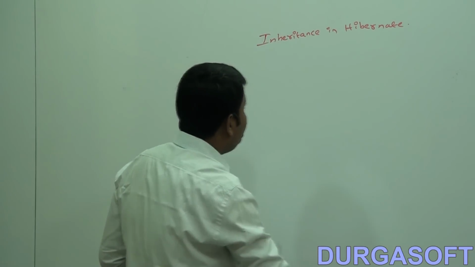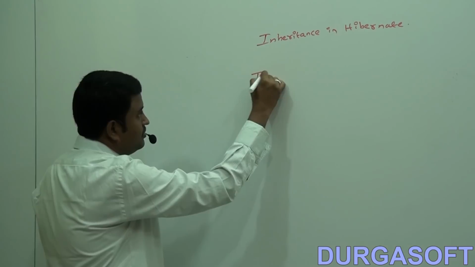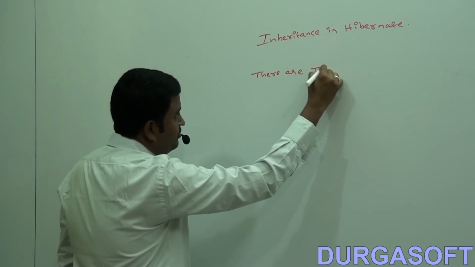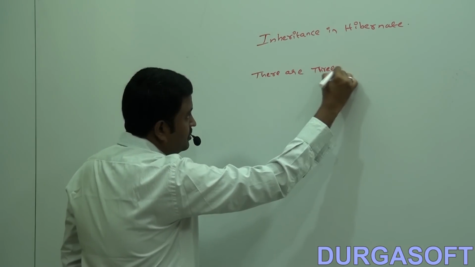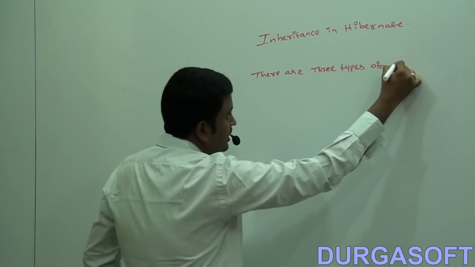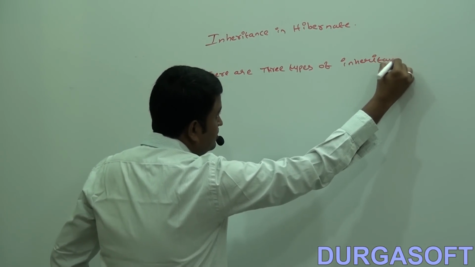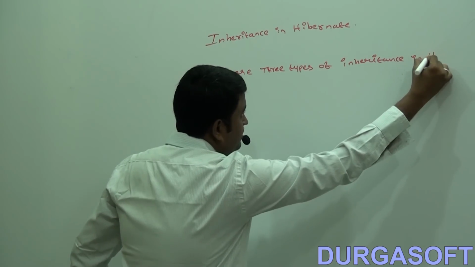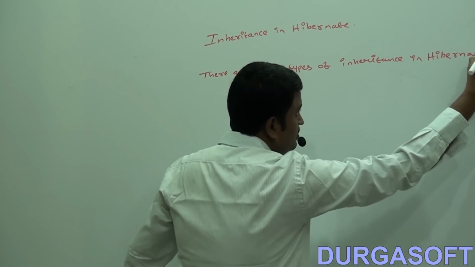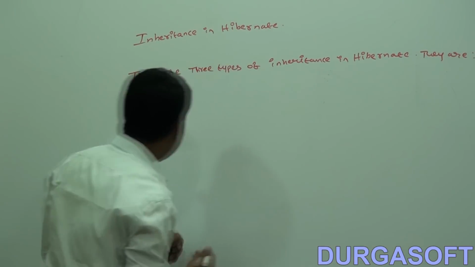There are three types of inheritance concepts in Hibernate. They are: 1.